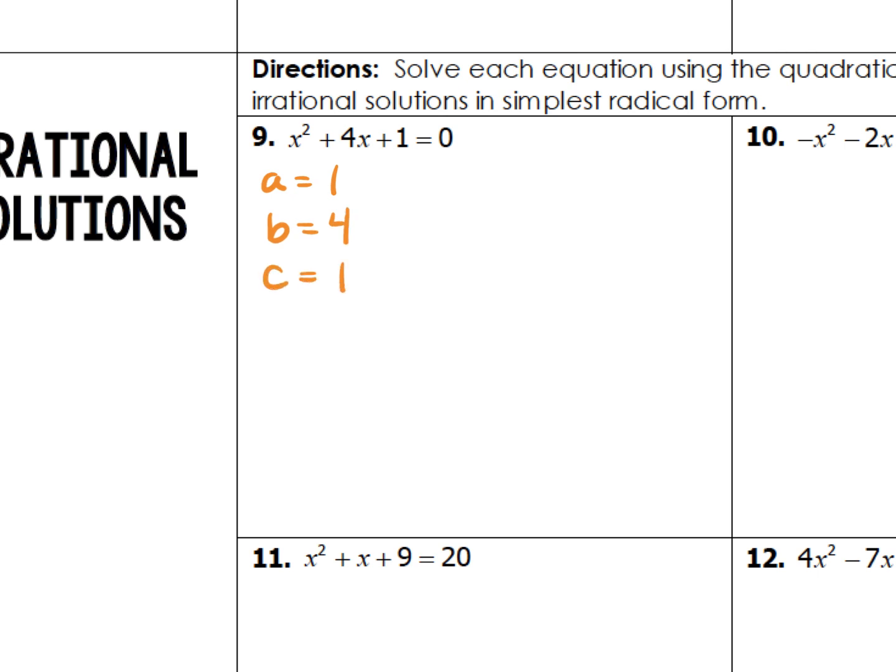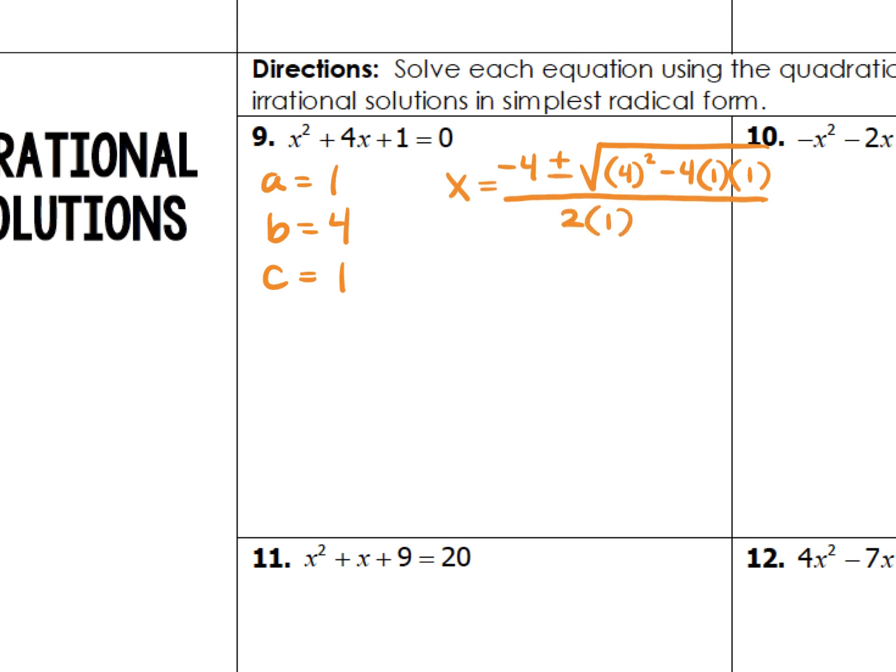Okay, so we're saying x equals negative b, which is negative 4 right now, plus or minus the square root of b, which is 4 squared, minus 4 times 1 times 1, 4 times a times c, all over 2 times a.